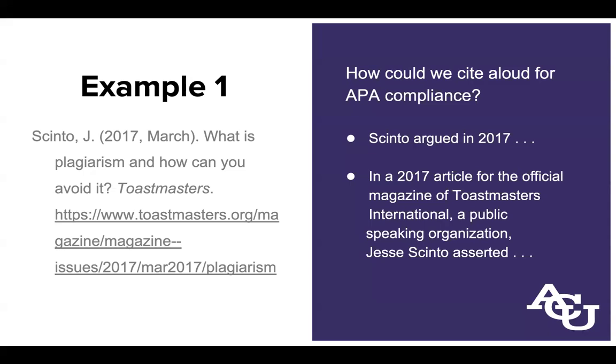If we weren't able to provide a reference, or if we just want to explain why Cento is a great authority on plagiarism and avoiding it, we could say in a 2017 article for the official magazine of Toastmasters International, a public speaking organization, Jesse Cento asserted. And we know if Cento is publishing for this magazine from Toastmasters International, that they must be considered an authority by that very important public speaking organization.